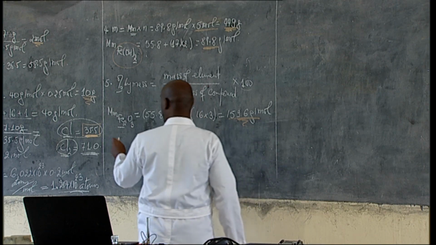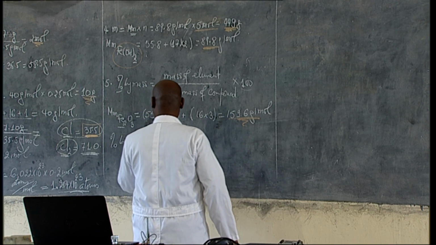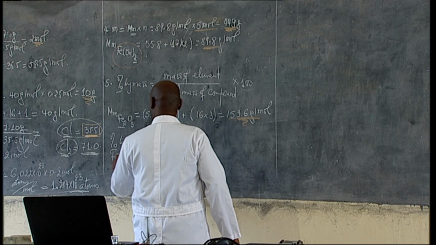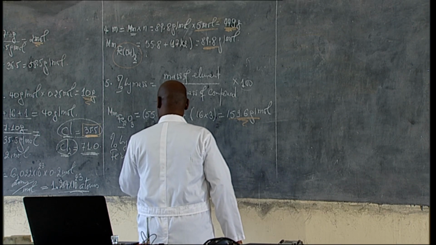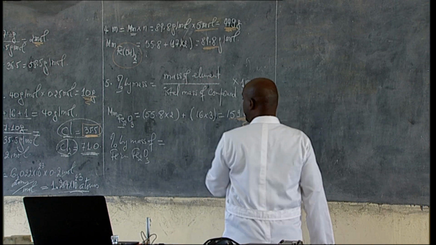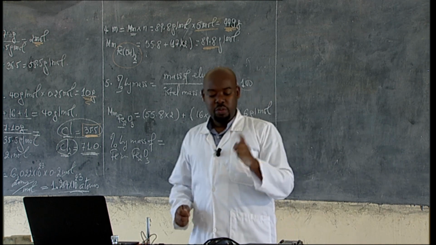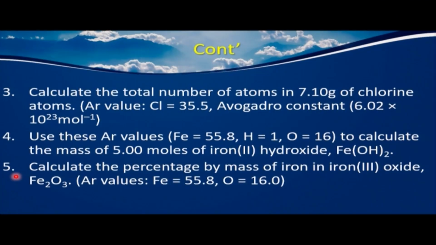And if we apply the formula, the percentage by mass of iron in iron oxide, what do we get? Mass of the element, you have to be very careful here, because how many moles of iron do we have in the compound?